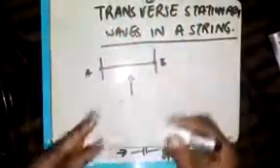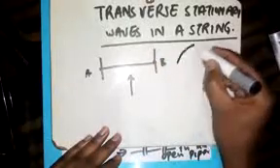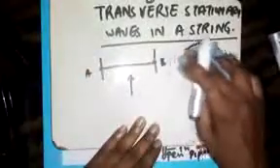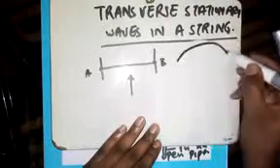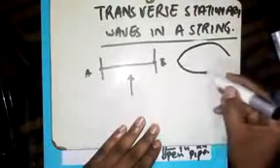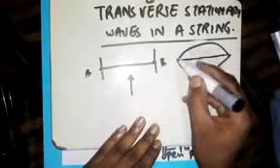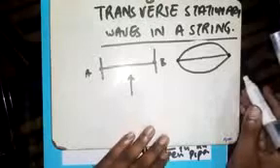The movement of the string up and down will result in this diagram here. Now, do you see what this is? This is the stationary wave, which is called a transverse stationary wave.